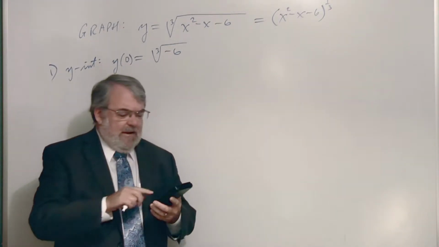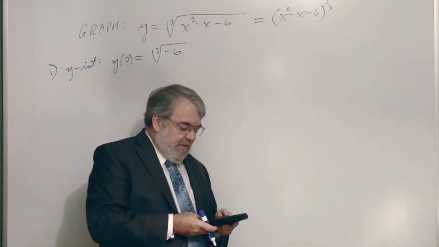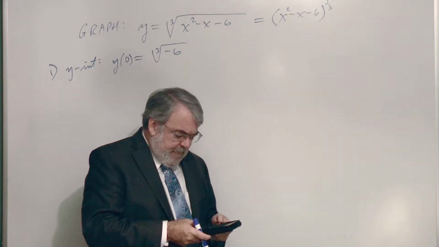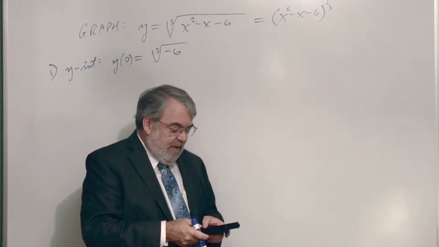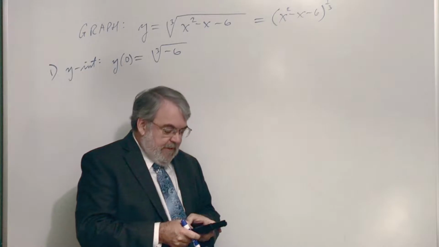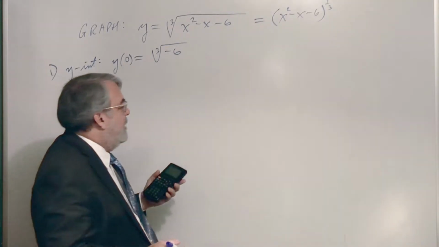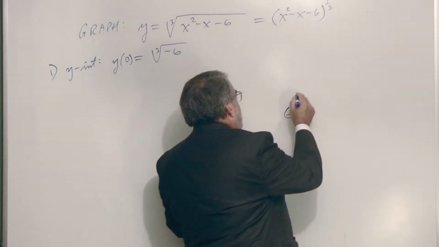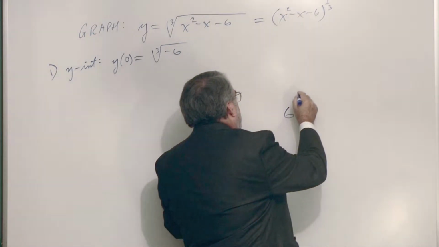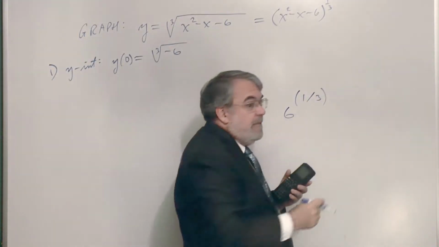I think we should estimate it, because we'll want to plot that on the graph, so we need some kind of decimal estimate there. So I'm just going to do 6 raised to the parentheses 1 divided by 3. I could have made it -6, but I know it's going to be a negative number. So I'm punching in 6 to the 1 divided by 3.